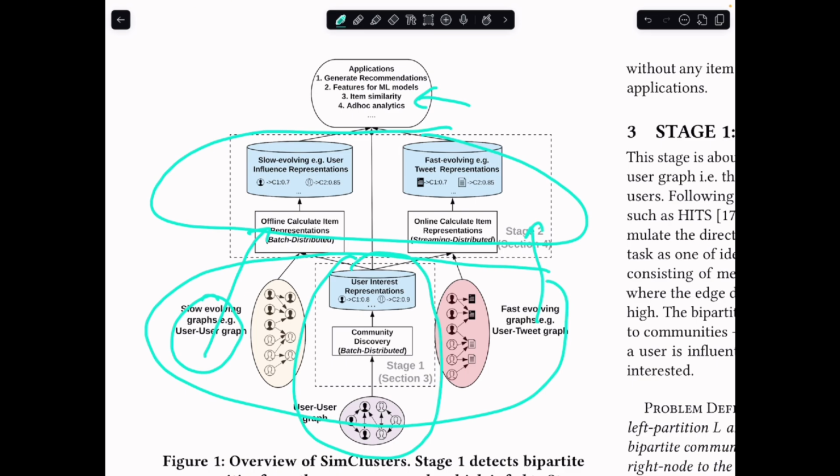They are also two bipartite graphs, and you use your user embeddings to represent these entity embeddings. Lastly, with these newly generated entity embeddings, you'll be able to power the applications. To summarize, in stage one we get the user representations, and in stage two we use these user representations to generate the entity representations.